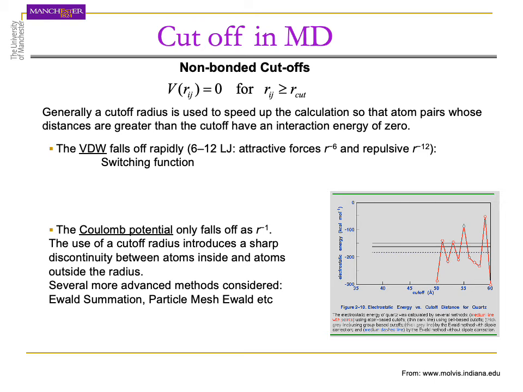That means that the potential approaches zero very quickly. We are going to see in the next slide how this is performed using a switching function. For the Coulomb potential instead, the situation is much more complicated because the Coulomb potential decays only as r to the power of minus 1.